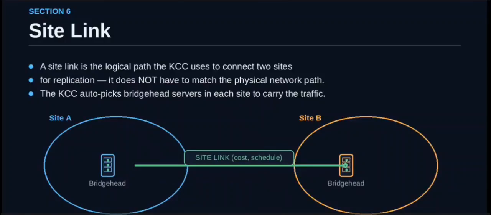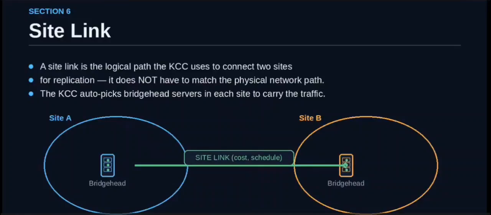A site link is a logical connection that an administrator creates between two or more Active Directory sites. It tells Active Directory that replication is allowed between those sites and defines the paths for inter-site replication. A site link does not represent the physical cable or router or the actual network route. It's simply the logical replication path used by Active Directory.